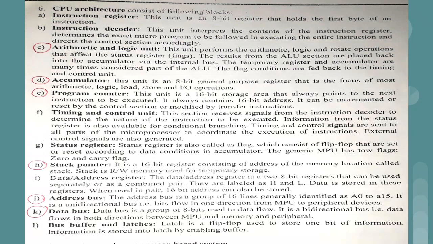When the ALU performs a certain operation, the final result is automatically stored inside the accumulator only, and then that result will be sent to peripheral devices like the 7-segment display via internal data bus lines. Whenever we perform any operation, one data is present inside the temporary register and the other data should be present inside the accumulator.